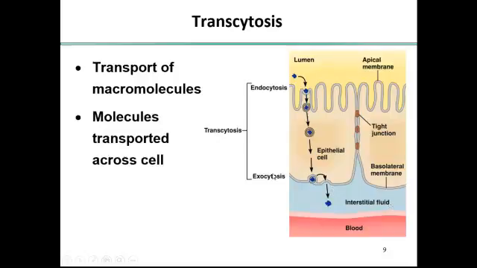Here it involves exocytosis. By combining endocytosis and exocytosis, the material is transported from the lumen across the epithelial cell and into the interstitial fluid. The combination of this is called transcytosis.